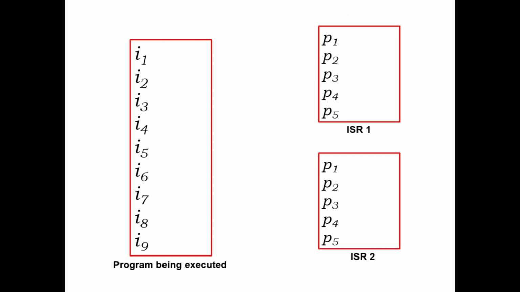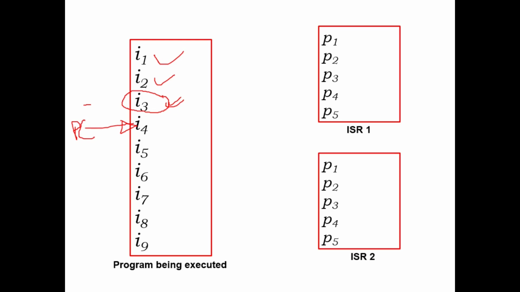So now imagine the processor is executing instruction I3. The processor has executed instructions I1, I2 and it is currently executing instruction I3. So where will the program counter be pointing? The program counter will be pointing to I4 because I3 is being executed. The PC points to the next instruction to be executed, right?